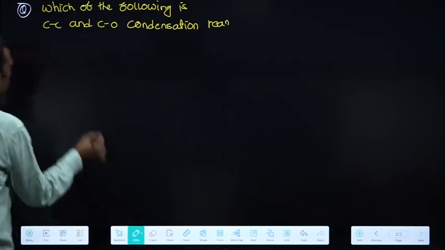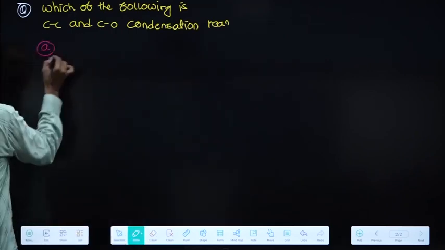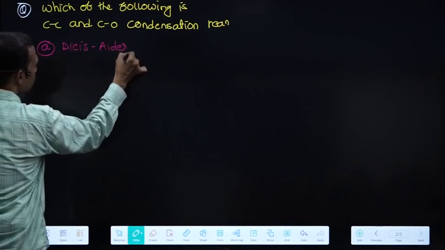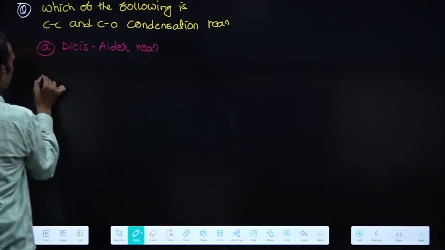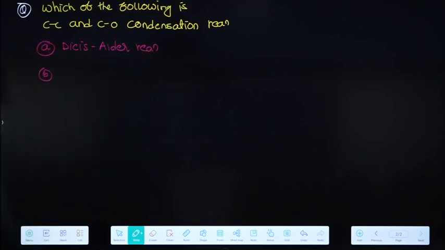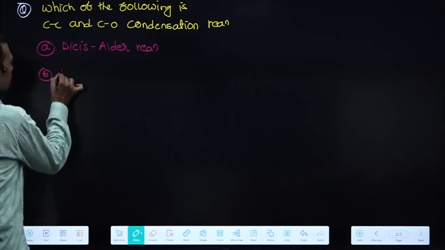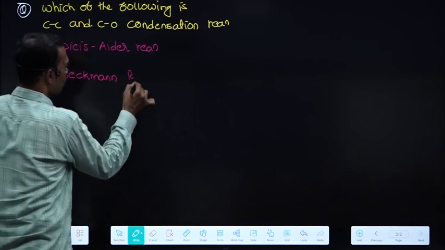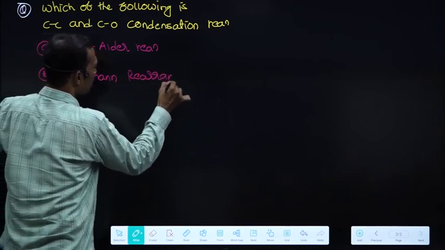Which is CC and CO? Option A, Diels-Alder reaction. Option B, Beckmann rearrangement.